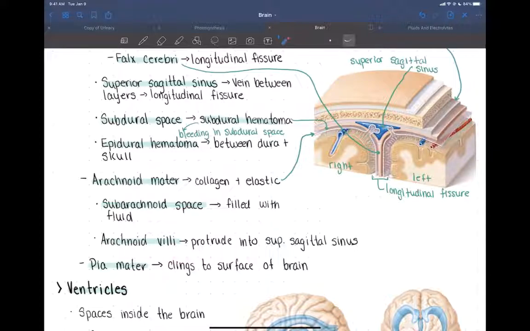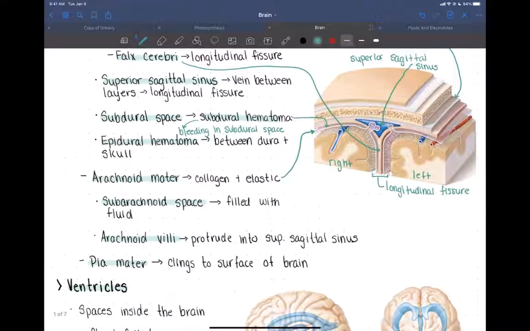All right, so now let's move on and talk about our arachnoid mater. The arachnoid mater, again, is deep to the dura mater. It looks kind of spiderweb-like because of all those collagen and elastic fibers. And below it, where we see all those spider webs, we have this arachnoid space.